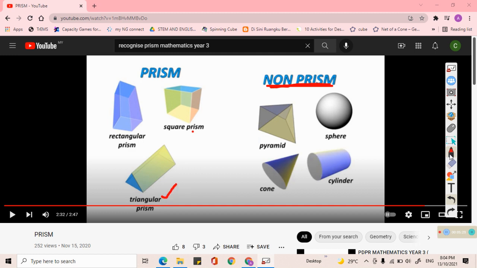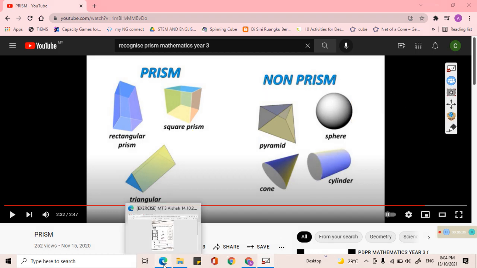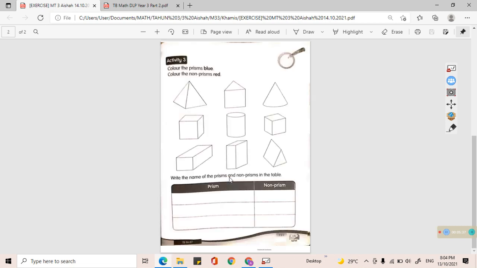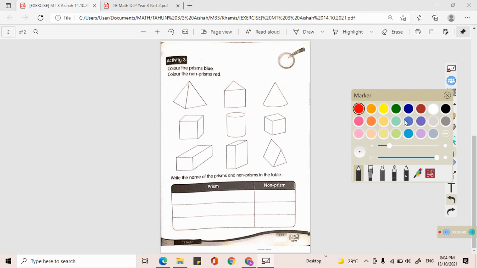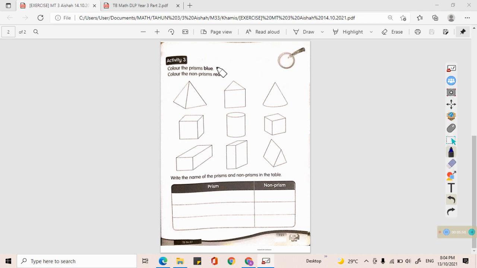In your exercise, page 131, okay, open your activity book on page 131. Activity 3. Color the prisms blue, color the non-prisms red. Okay, as you know, prisms only have three shapes, which are square prisms, rectangular prisms, and triangular prisms.